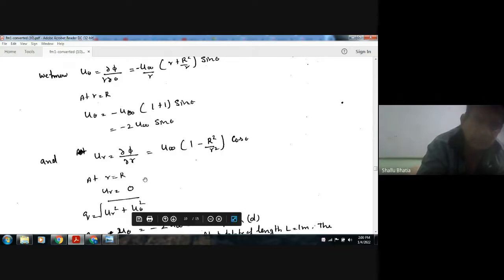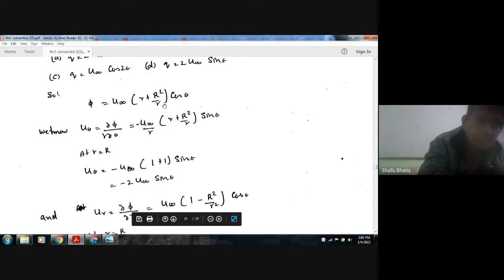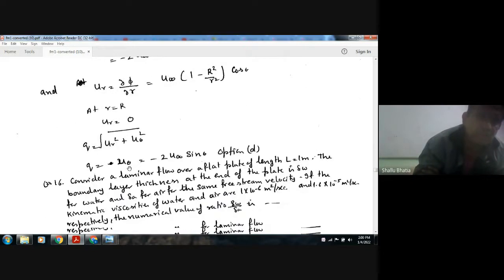So here r = R, putting r = R, we get u_r equal to 0.